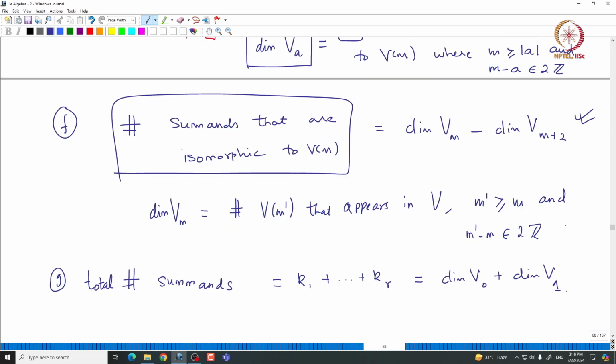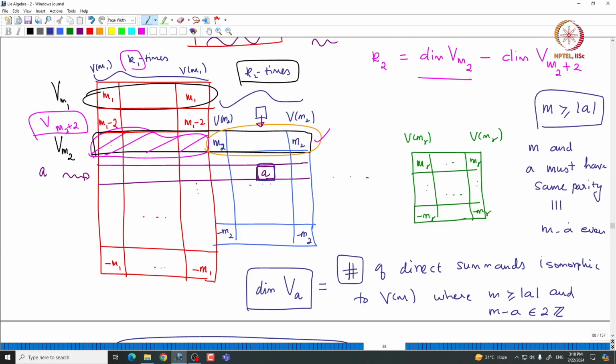That is because if I take one irreducible module Vm, depending upon the parity of m, this particular irreducible summand contributes to the weight space corresponding to 0 or 1. Suppose m is even, then there will be one weight space corresponding to 0 inside this V of m.